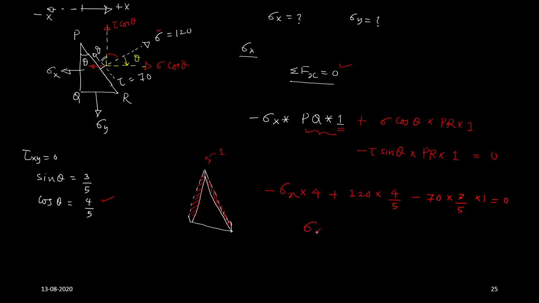So if you solve this equation, we can get sigma x equal to 67.5 Newton per millimeter square. So this is nothing but the same answer as in the case of the previous method.